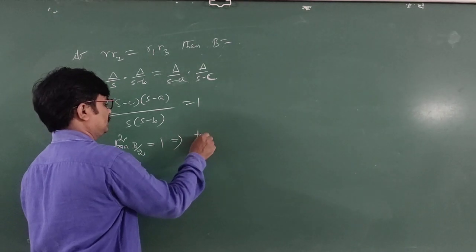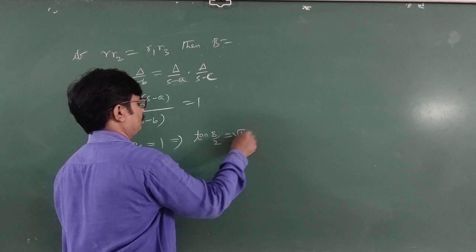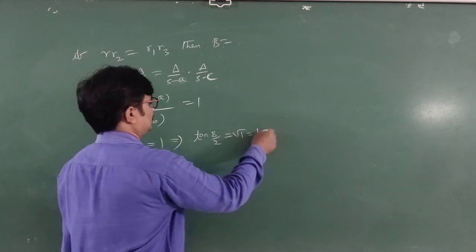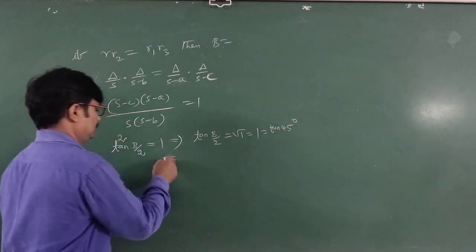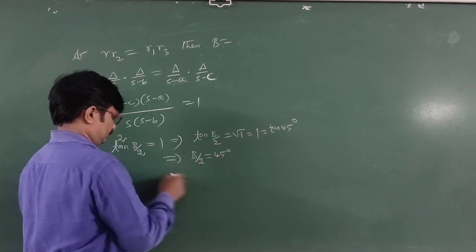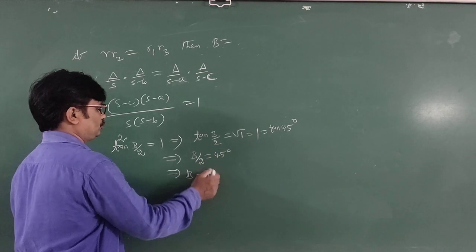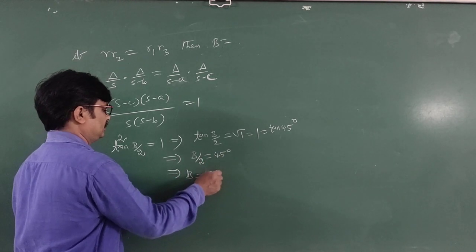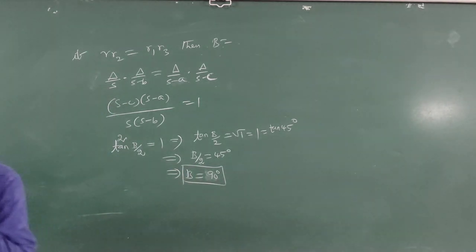So tan of b by 2, root 1, is 1. 1 is the value of tan 45 degrees. We can remove tan on both sides. Therefore b equals 45 into 2, that is 90 degrees. Okay students, the angle B is 90 degrees.